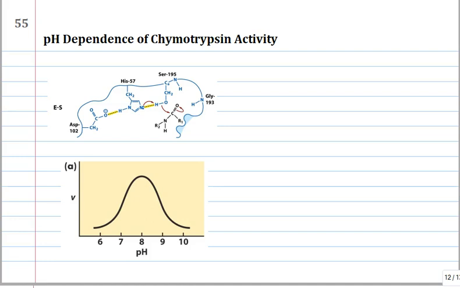We just saw the left part of this curve. Over here, this was an issue with histidine 57, and then we got everything going up, and then it levels off, but then it reaches a maximum activity at a particular pH.